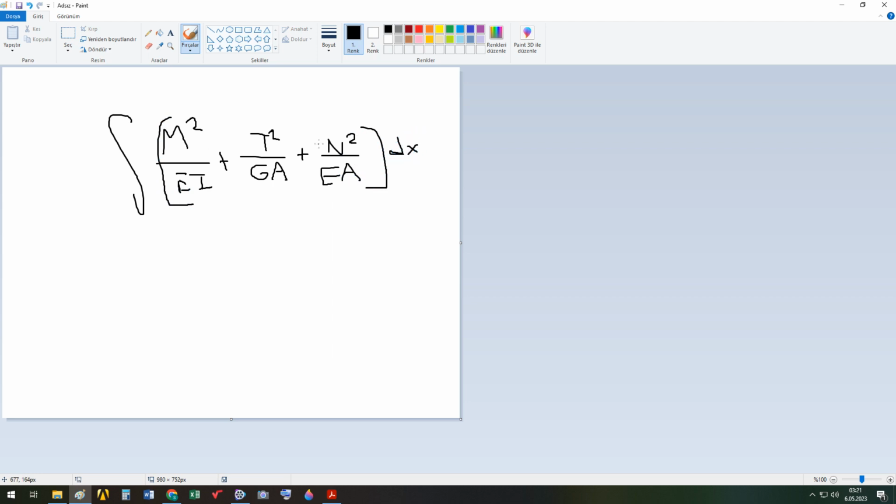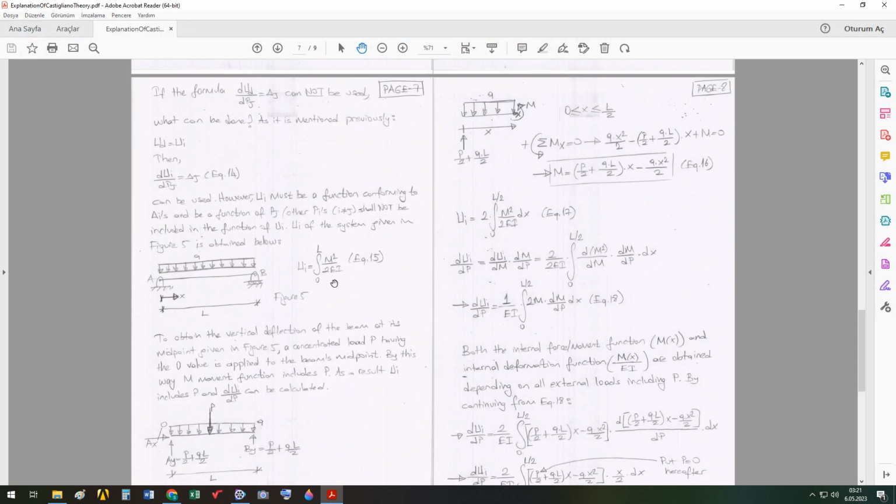This is moment, this is shear force, this is normal force. Actually, this is moment times curvature, and this is shear force times shear deformation, and this is normal force times axial deformation. But those two terms are very small in comparison to that one. That's why they are always neglected.